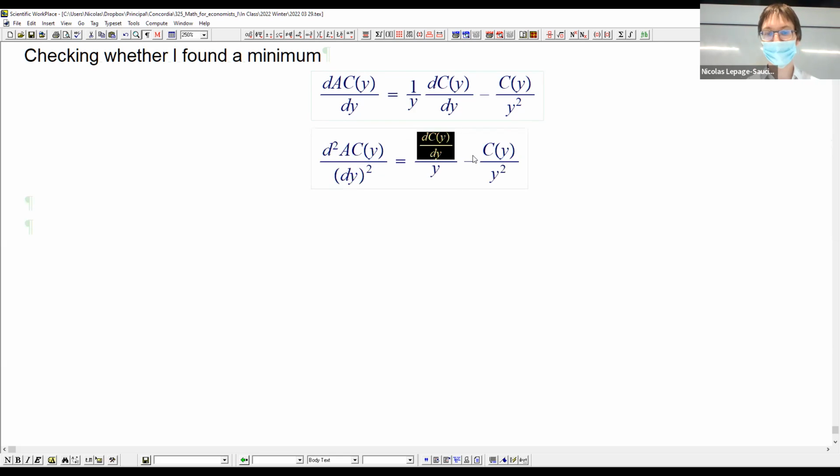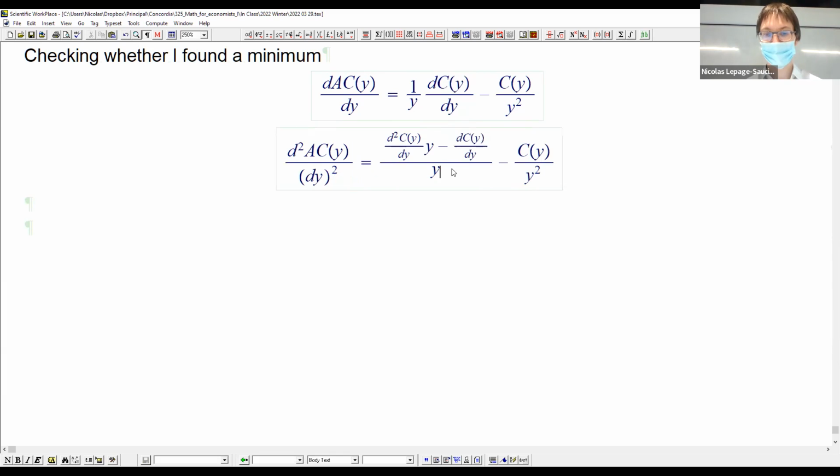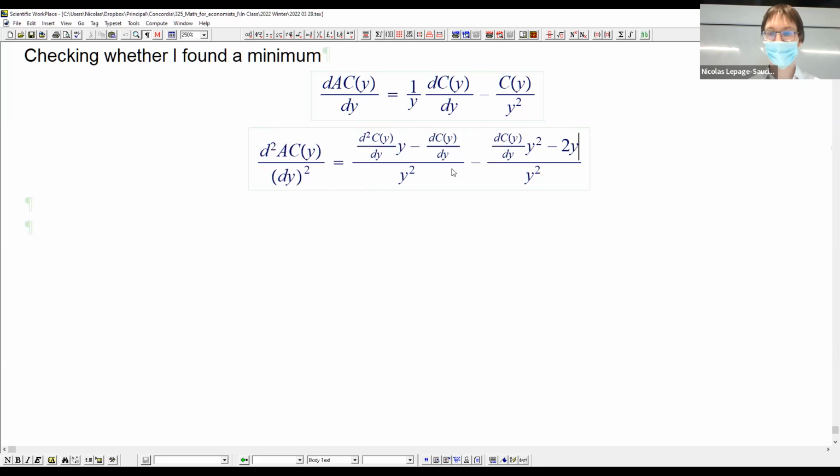Then I would have d squared e dy times y minus d squared dy divided by y squared. And here I have y times y squared minus 2y times c of y.